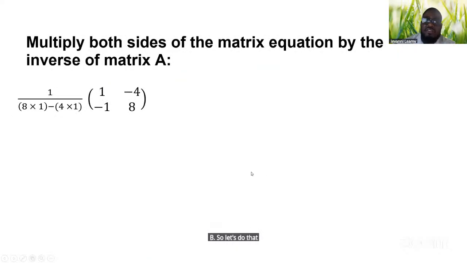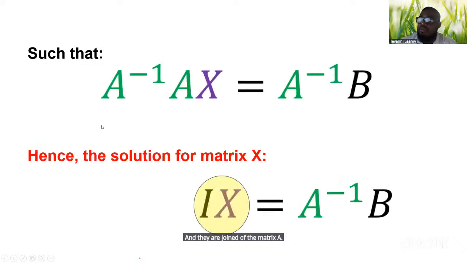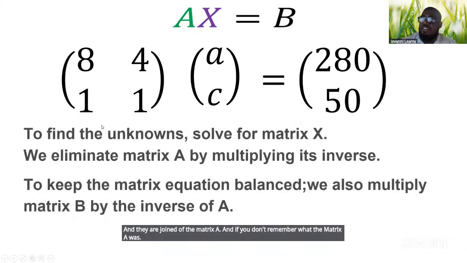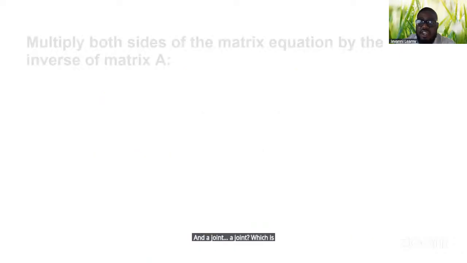So again, we're going from the same question that we did earlier, the tickets question. We find the determinant and the adjoint of the matrix A. And if you don't remember, matrix A is 8, 4, 1, 1. So we found the determinant and the adjoint, which gives us our inverse.